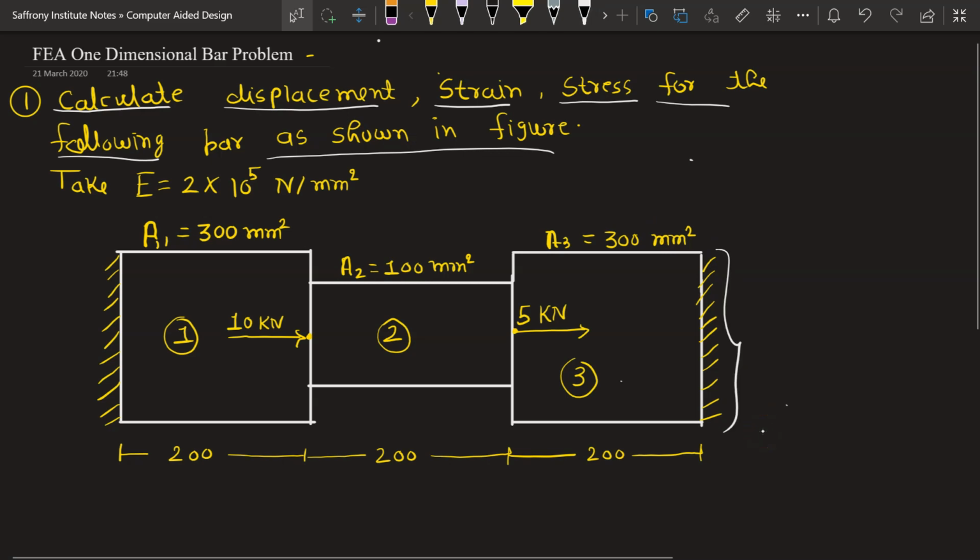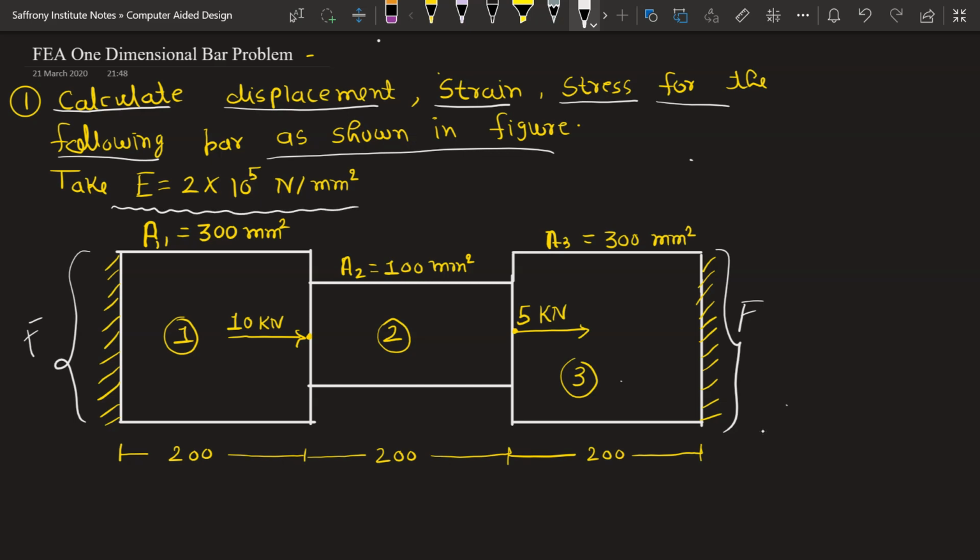So this bar is fixed at both ends, and in the numerical they are saying that its elasticity is 2 into 10 raised to 5 Newton per mm square. The area of the bar is given as A1 is equal to 300 mm square, A2 is equal to 100 mm square and A3 is 300 mm square.